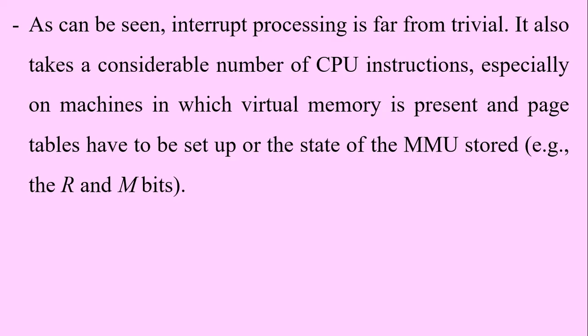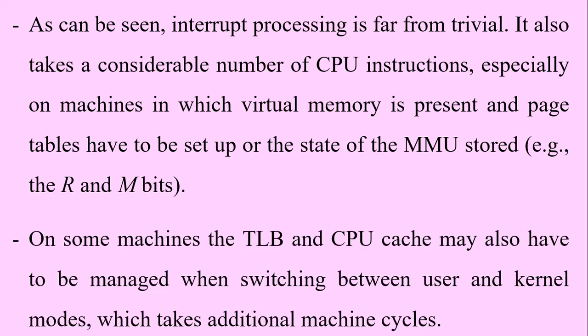The purpose of these bits, the R and M bits, can also be understood in depth from the process management topic. On some machines, the TLB and CPU cache may also have to be managed when switching between user and kernel modes, which takes additional machine cycles.